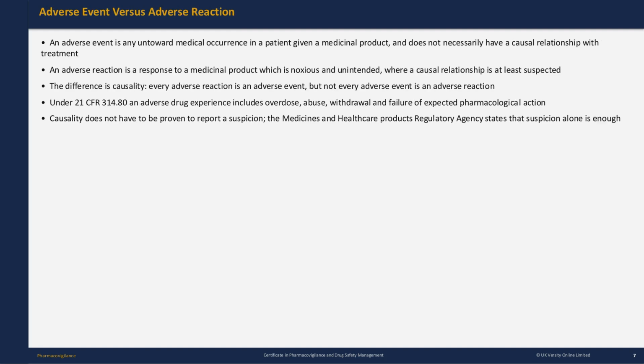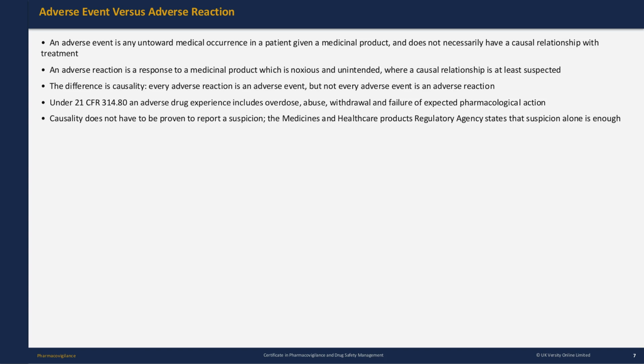Adverse event versus adverse reaction. An adverse event is any untoward medical occurrence in a patient given a medicinal product and does not necessarily have a causal relationship with treatment. An adverse reaction is a response to a medicinal product which is noxious and unintended, where a causal relationship is at least suspected.